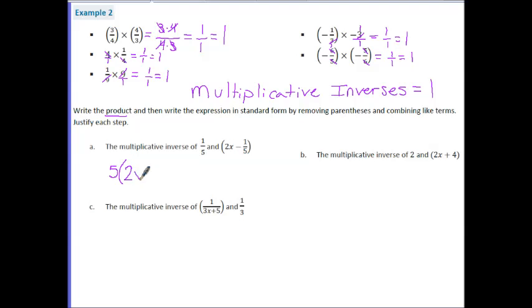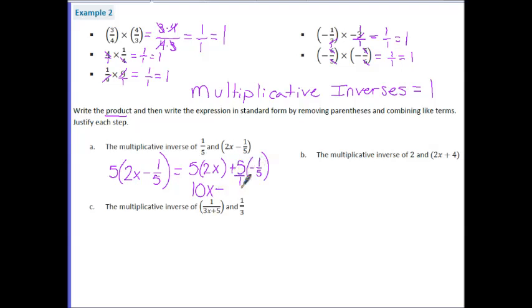by 2x minus 1/5. So here we need to do the distributive property. That's going to give me 5 times 2x, then 5 times negative 1/5. So here 5 times 2x gives us 10x. And here we have a good guy leaving town is a bad thing.